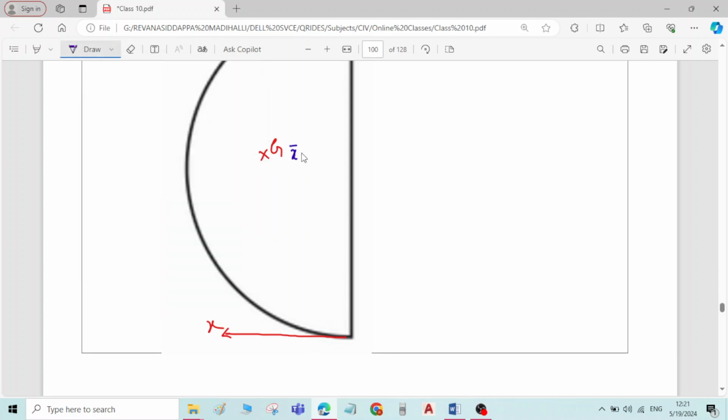Now x bar is nothing but the distance from the diameter. Therefore the formula will be 4r by 3 pi, and the sign will be negative, minus 4r by 3 pi, and y bar is equal to the radius r or d by 2.